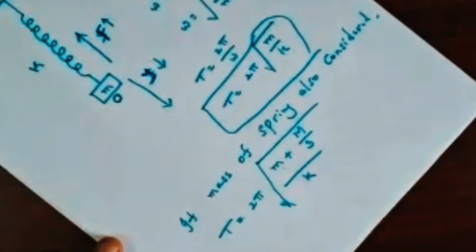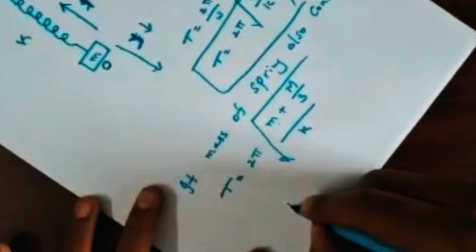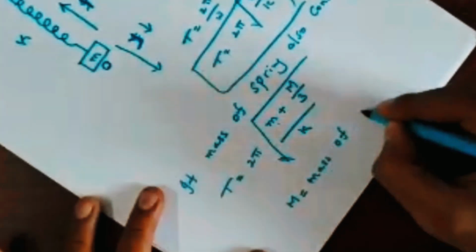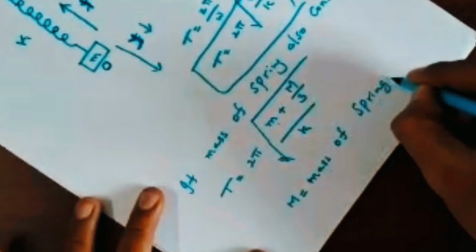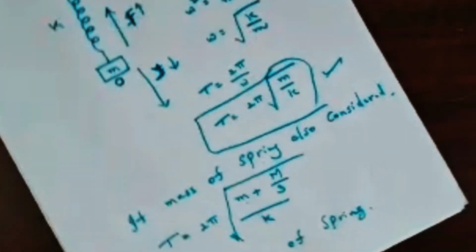Here small m is the mass of the body, capital M is the mass of the spring. If the mass of the spring is neglected, this is the formula: T is equal to 2 pi root over m by k.